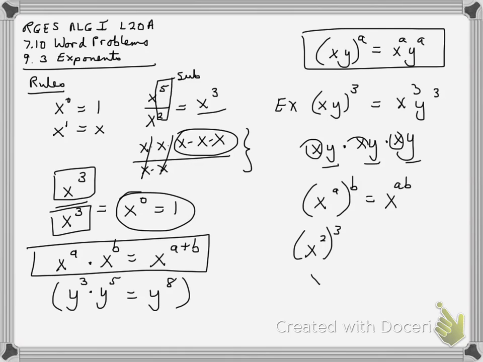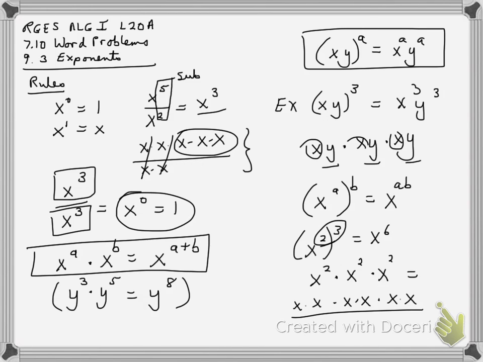That would be x squared times x squared times x squared, 3 times. X squared would be x times x, each time. And all together I have, we'll go way back up to here, I guess, 6 x's. So that is the same as 2 times 3.